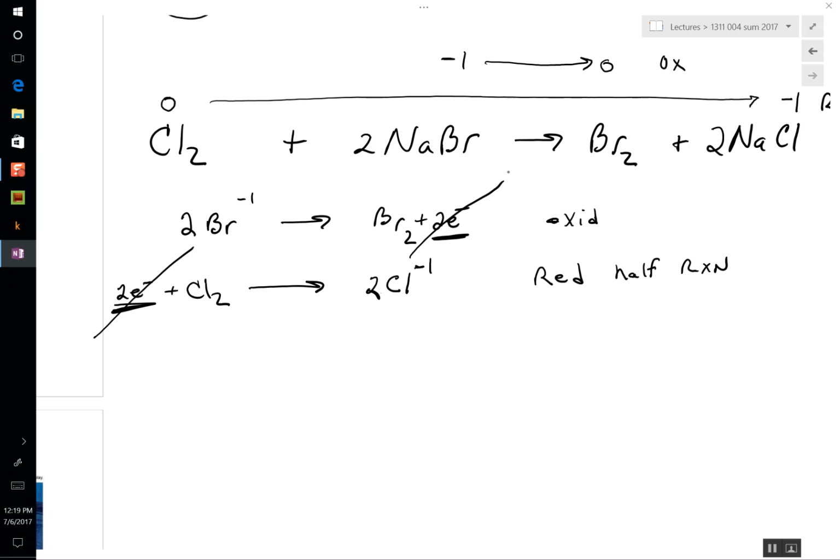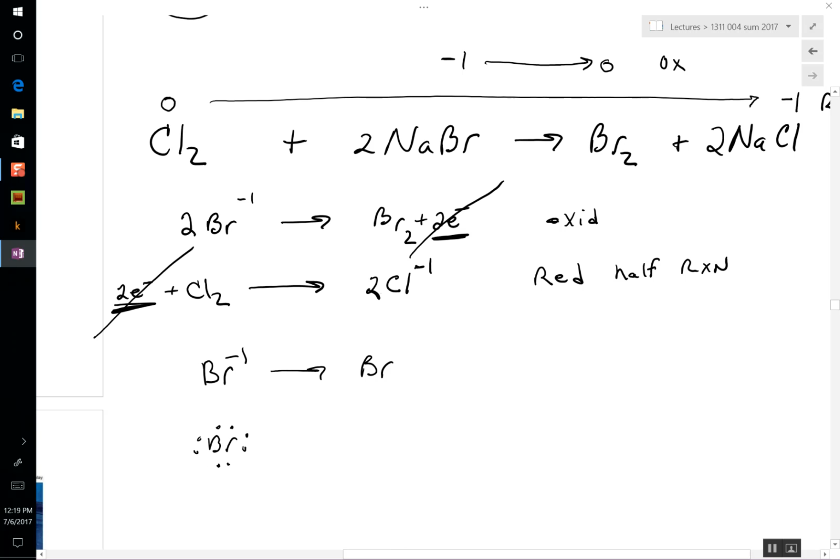So just a double question as far as those electrons, why specifically is it 2? Is it always 2? Well, let's just write it like this. Let's just take one of those to form one of those. Each one of these is a bromide ion like that.